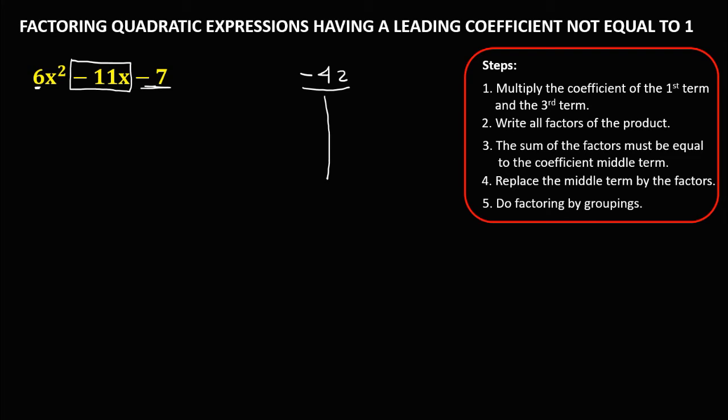So these are now the factors for negative 42. So we have negative 42 times 1. The bigger number must be negative because negative times positive is negative. Then we also have negative 21 times 2. Then negative 7 times 6.